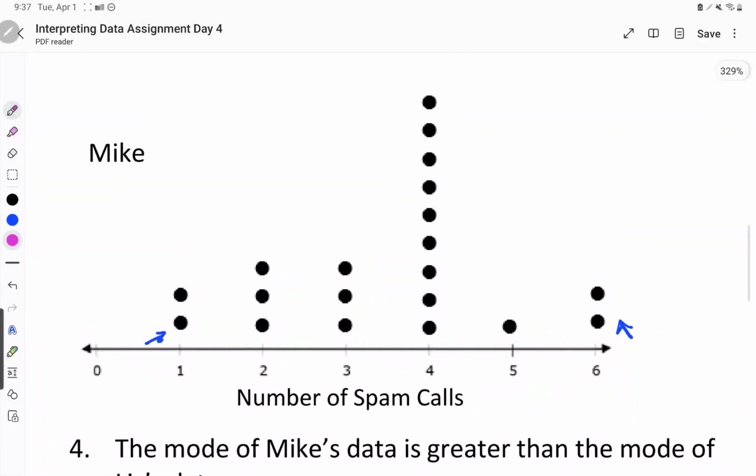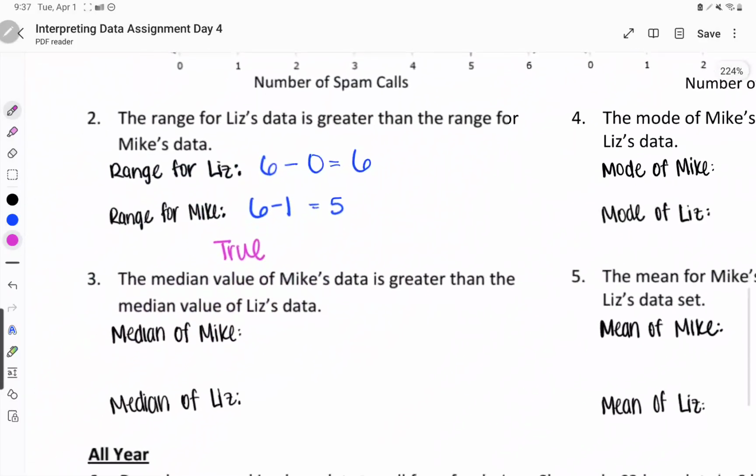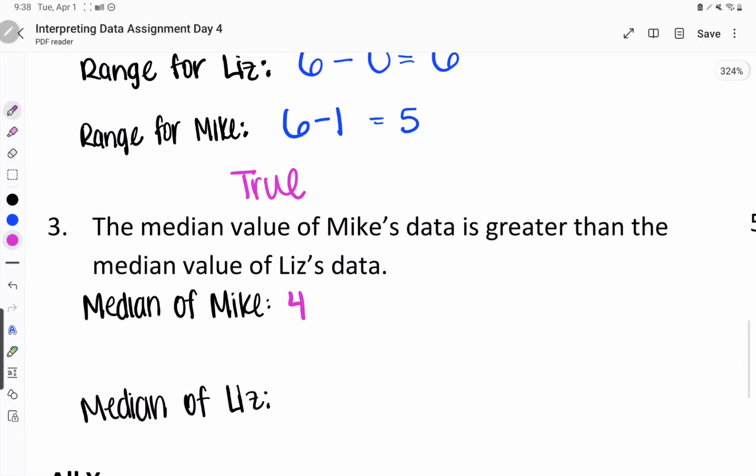So I want you to go through and find the median for Mike. In order to find the median for Mike, we take the smallest, then the largest, smallest, largest, and so on, and we are left with a bunch of 4s, which means that my median is going to be 4.